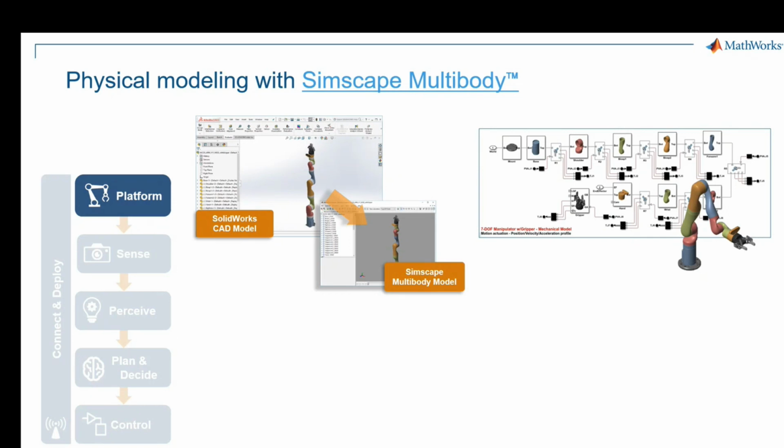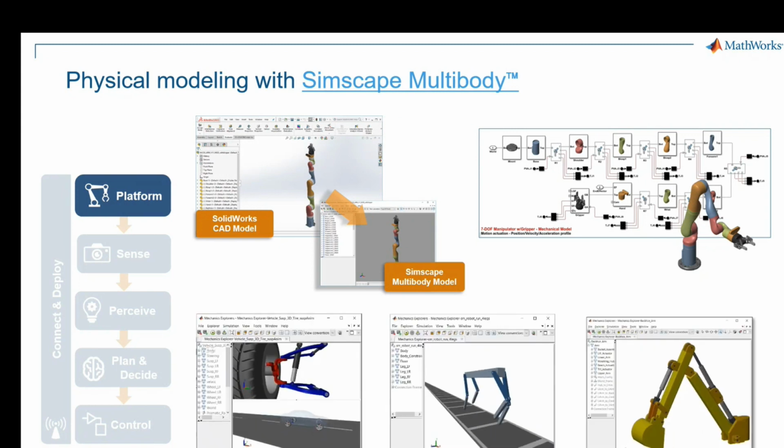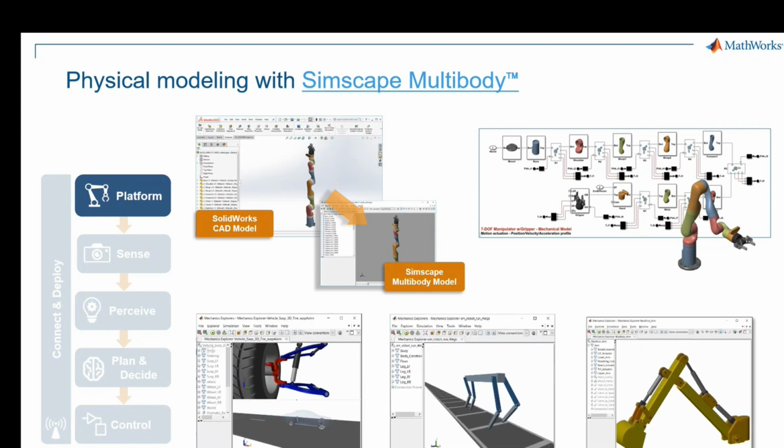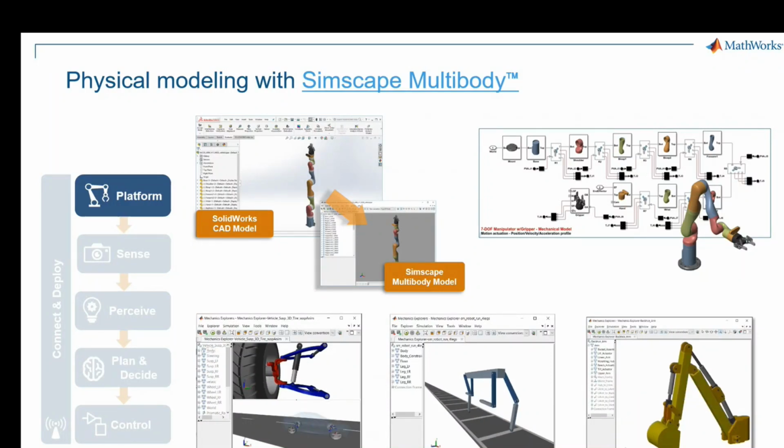And Simscape is going to formulate and solve the equations of motion of the complete mechanical system. In the end, we generate a 3D animation that lets us visualize the entire dynamics of the system. This type of simulation is quite useful when we want to refine the requirements of a mechanical system or, for example, optimize system level performance.